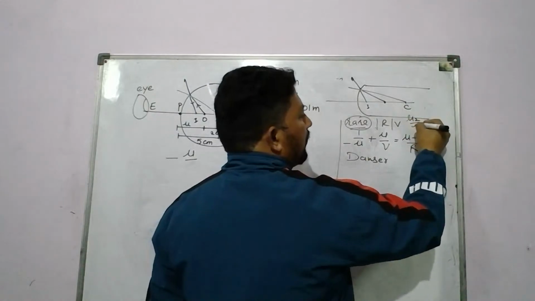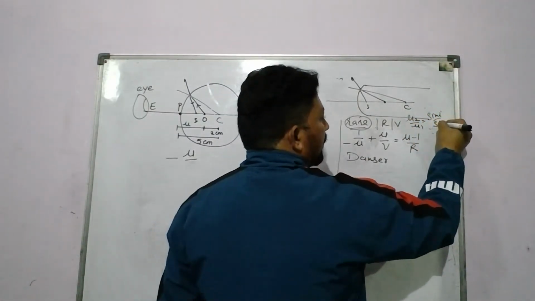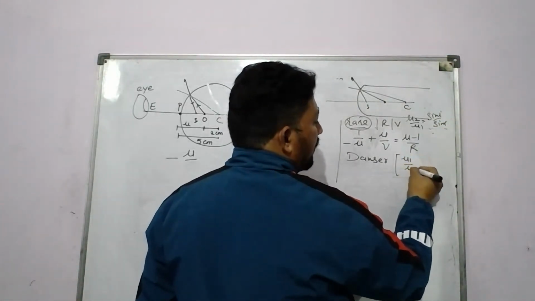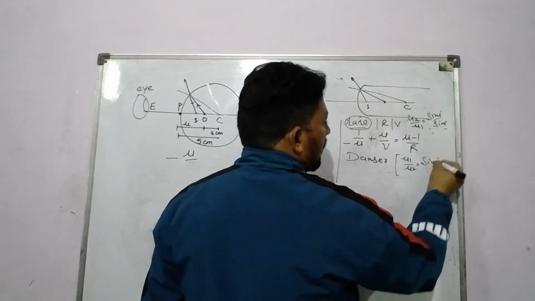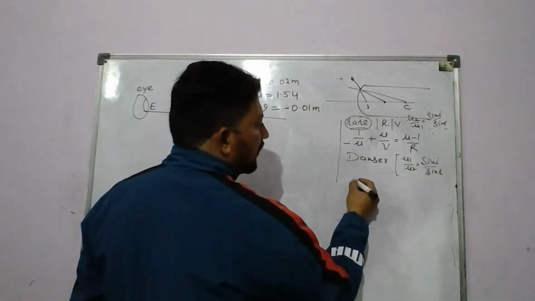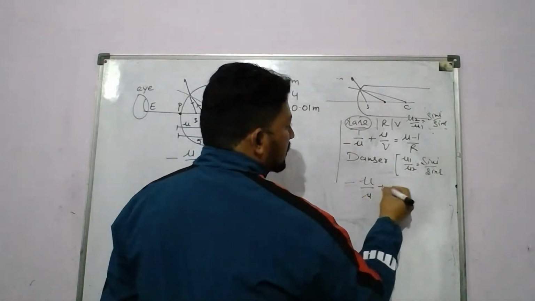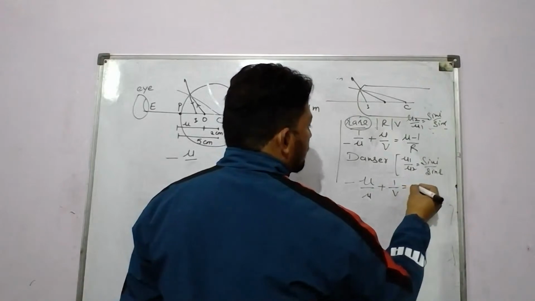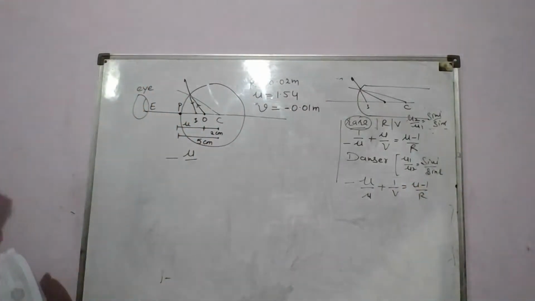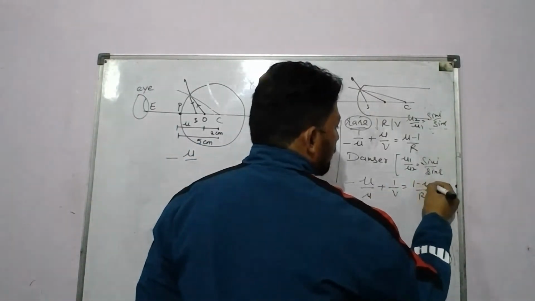One more change is also here. Mu 2 by mu 1 is equal to sine i by sine r. When the object lies in a denser medium, then you write mu 1 by mu 2 is equal to sine i upon sine r. So what is the change in the formula? The change is minus mu upon u plus 1 upon v is equal to 1 minus mu upon r.